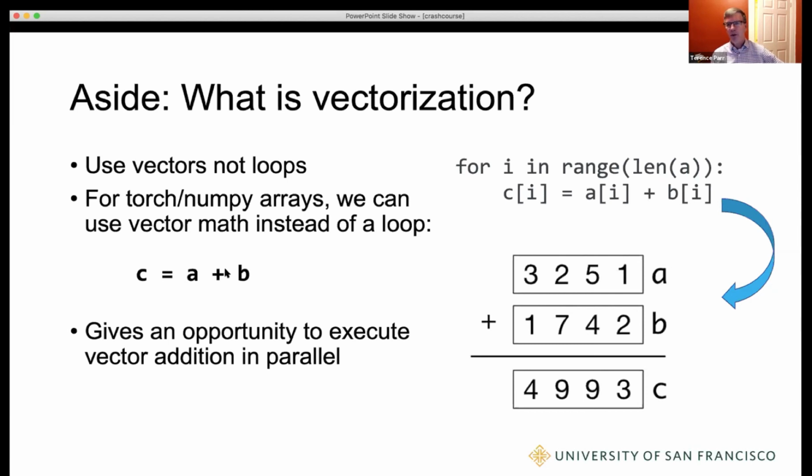And the important point here is that it gives an opportunity for the computer to do parallel processing. If it knows these are two vector operations, it's hard to look at this and go, that's a vector operation. It's easy to look at this because it knows that's a vector and that's a vector. And so it gives an opportunity for us to execute this in parallel, whether it's on multiple cores on our laptops or on a GPU.